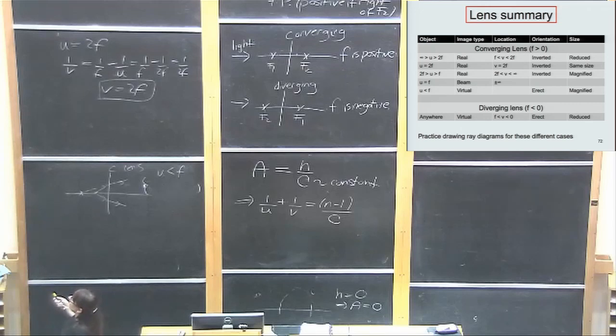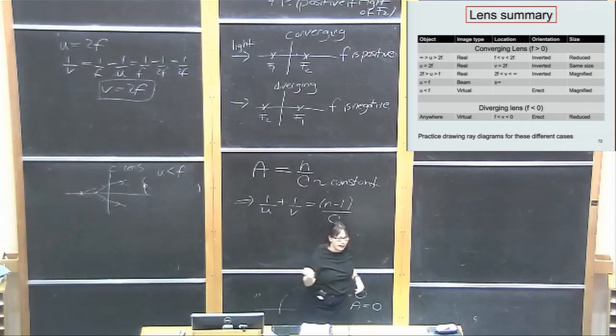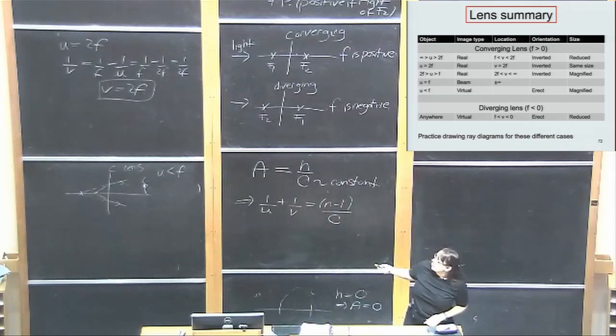Again, practice drawing the ray diagram, because we'll come back to that particular situation when we talk about magnifying glasses. And if you put the object within the focal length, you get a virtual image. If you are getting a real image, whether your image is reduced in size, the same size, or magnified depends on exactly where you put it, according to the information I've put here.